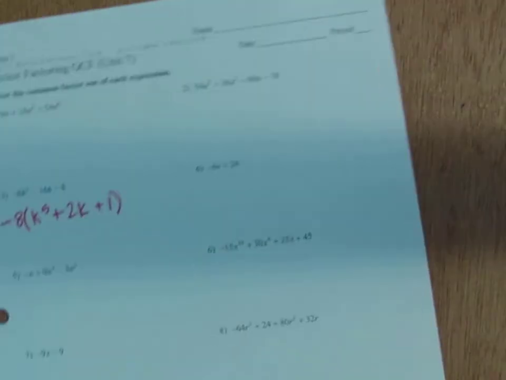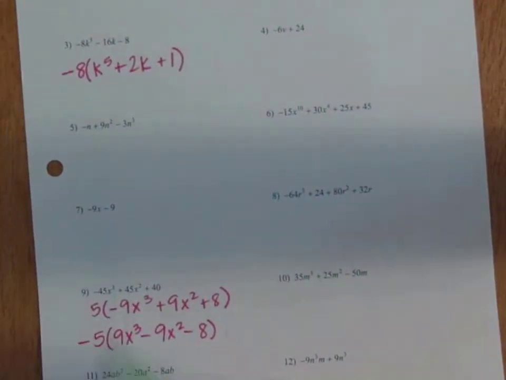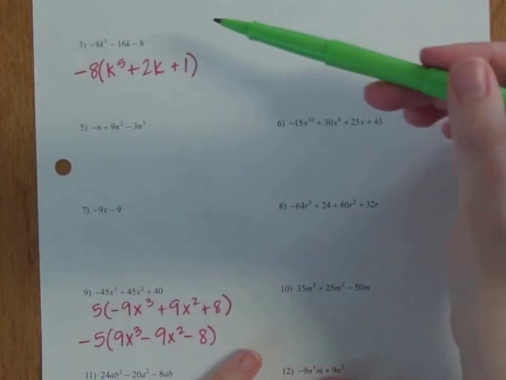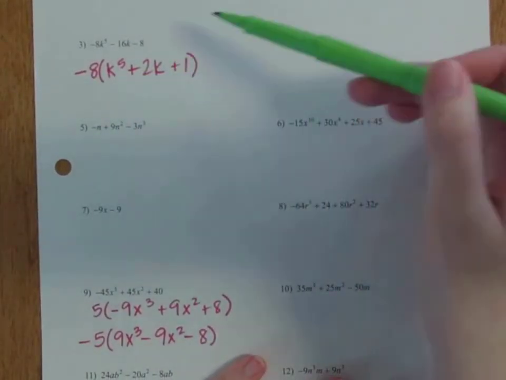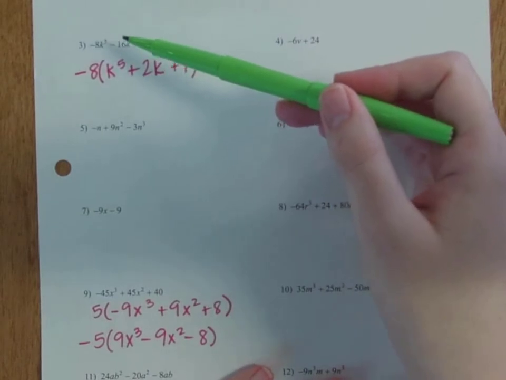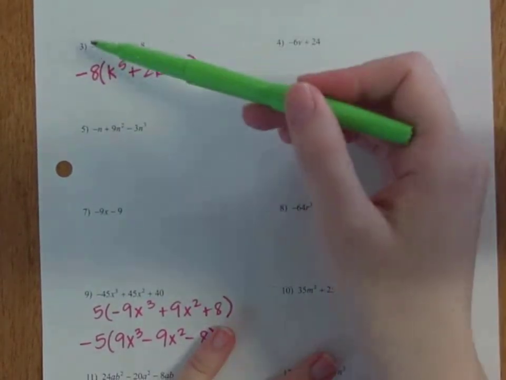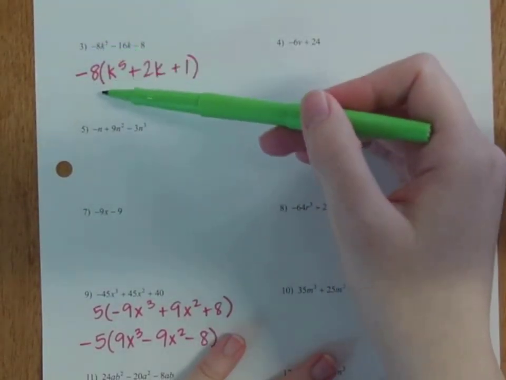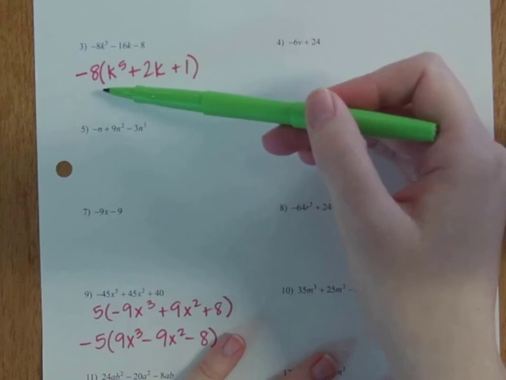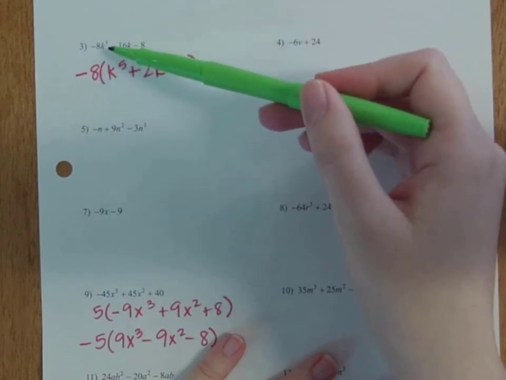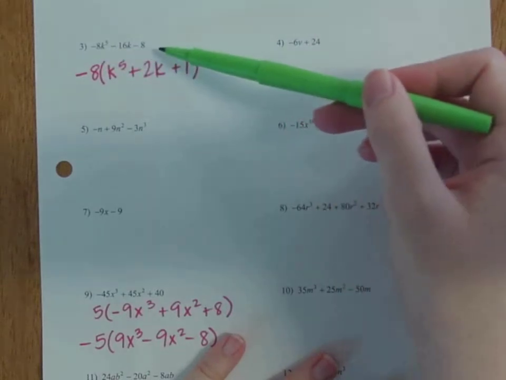Okay, before you get started on today's classwork, I just do want to show you some things about what I would prefer. If you see a negative, I would prefer, if your leading coefficient is a negative, that you factor out a negative. So normally you look at these and you would say, oh, 8.